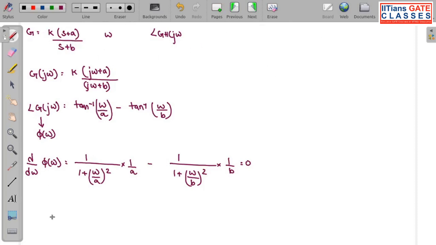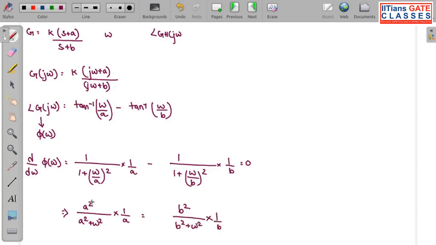What will be my next step? It will be a square divided by (a square plus omega square) into 1 by a equal to b square divided by (b square plus omega square) into 1 by b.